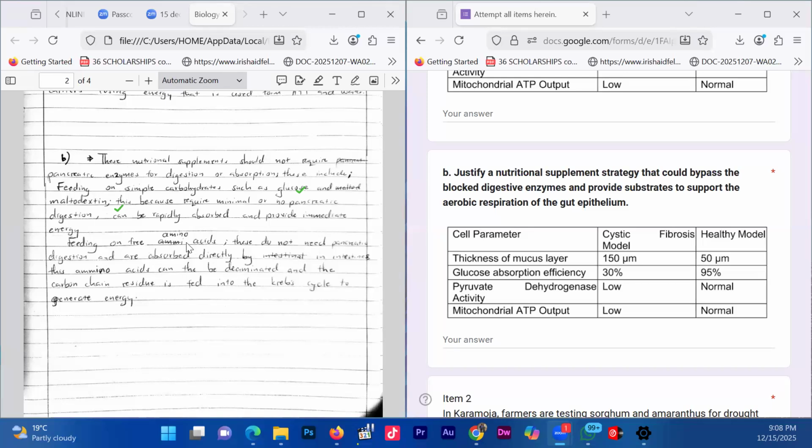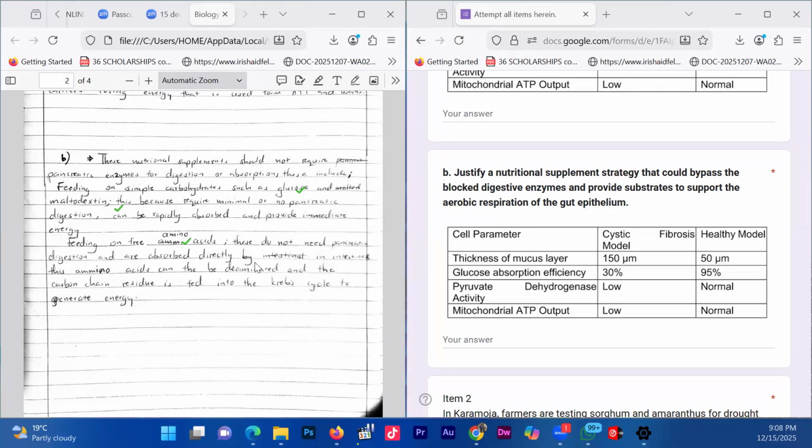So feeding on free amino acids does not need pancreatic digestion; they are absorbed directly into the bloodstream.